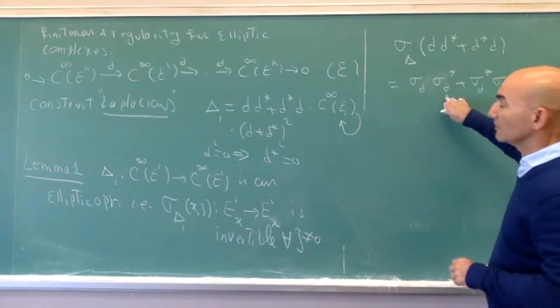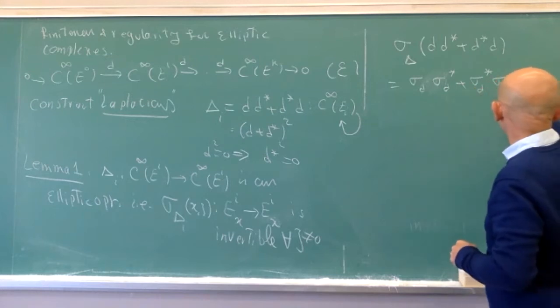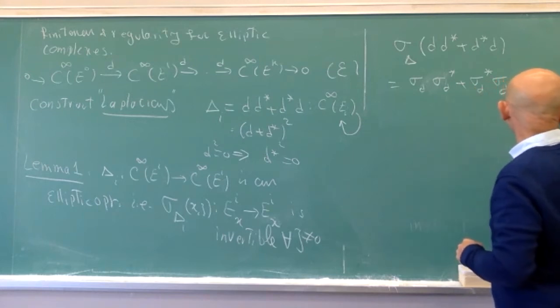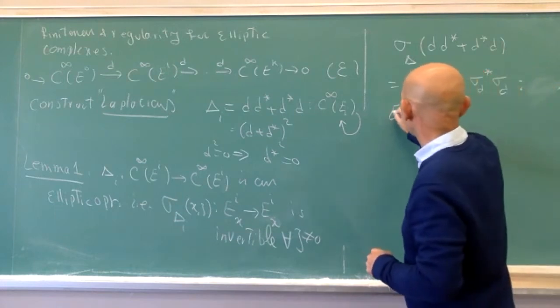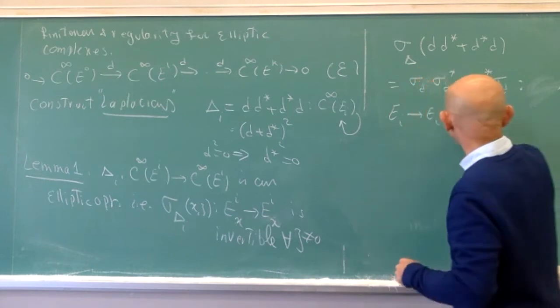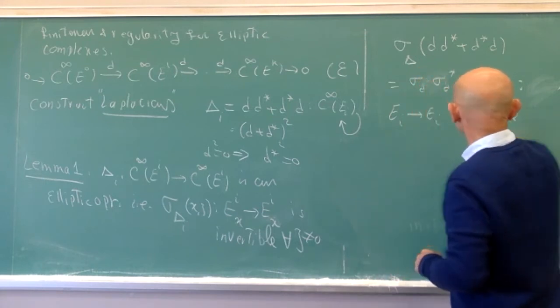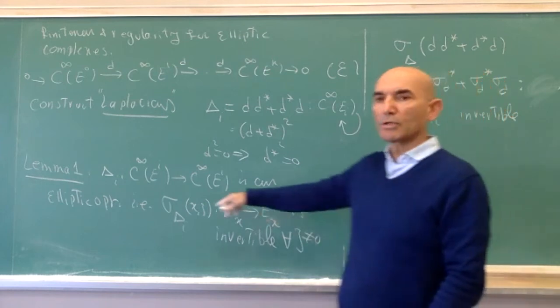Okay, so now what we have to make sure is that this operator, from E_i to E_i, is invertible, again for all ξ different from 0.